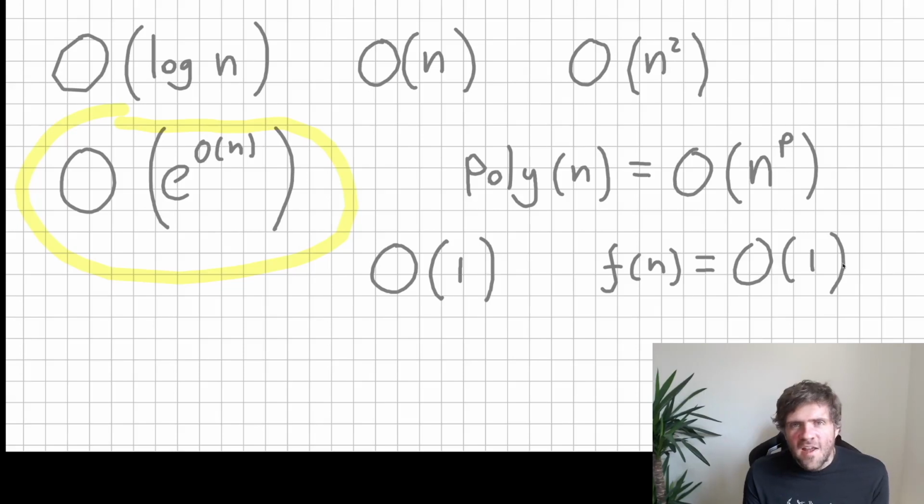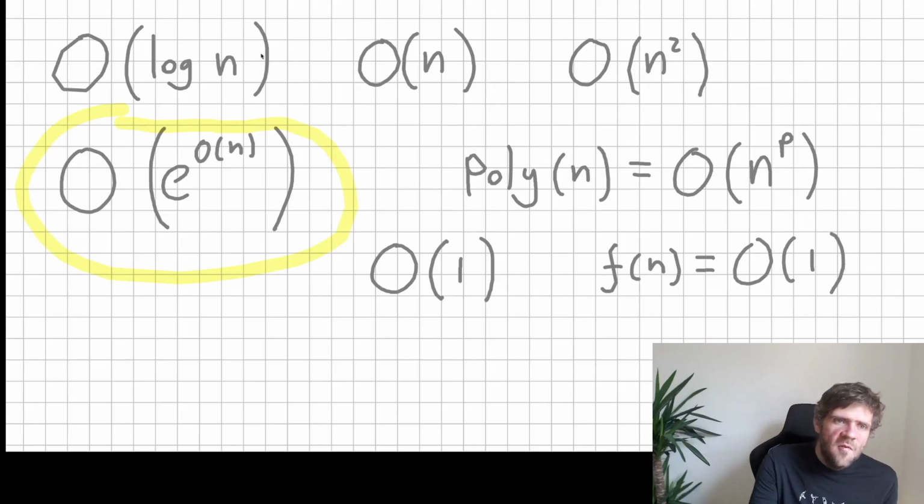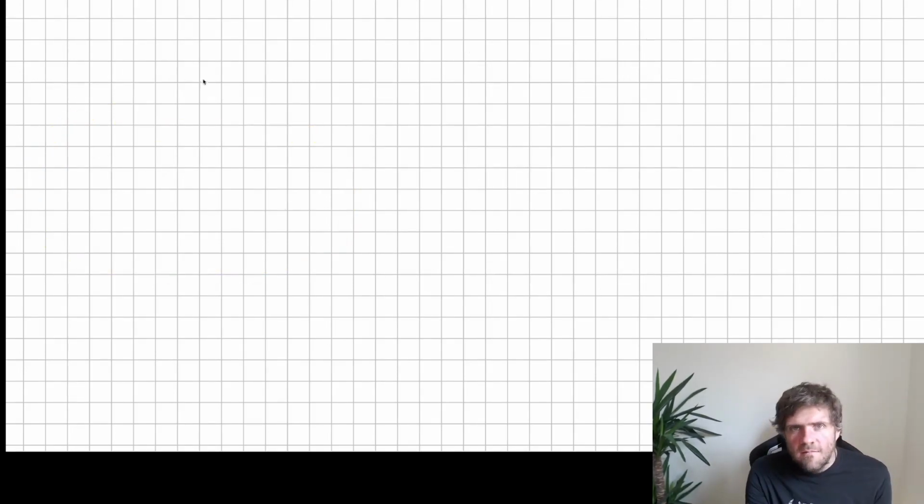But if you're compiling your AND gate down to quantum gates, then the number of quantum gates you need to get that AND gate is O(1). It's some number. Depends how you do it as to what that number is, but it's just some number. And so we say that it's O(1). Okay, so that is one of the prerequisites for today's lecture.